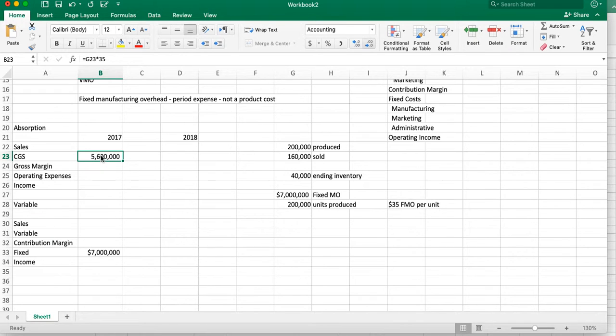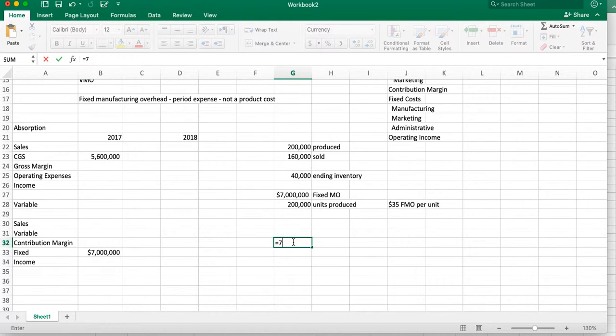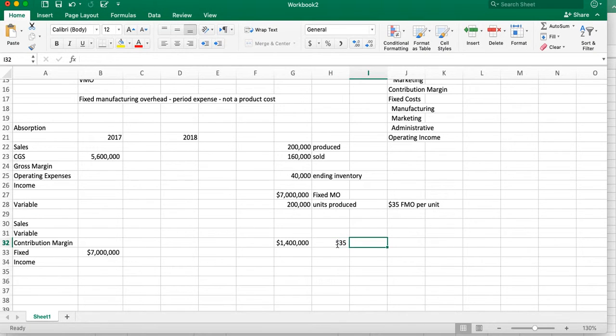The difference between 5.6 million and 7 million: 7 million minus 5.6 million is 1,400,000. If I divide 1.4 million by $35, that's 40,000. That is the 40,000 units sitting in ending inventory.